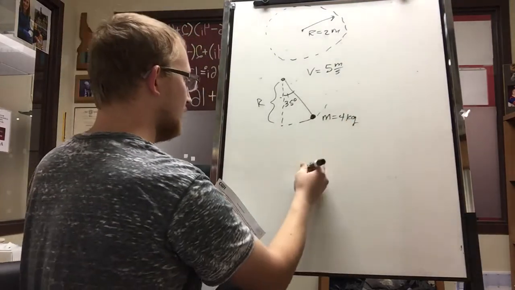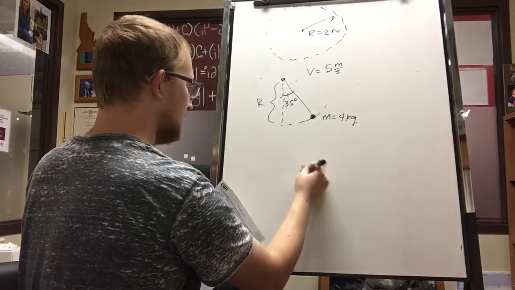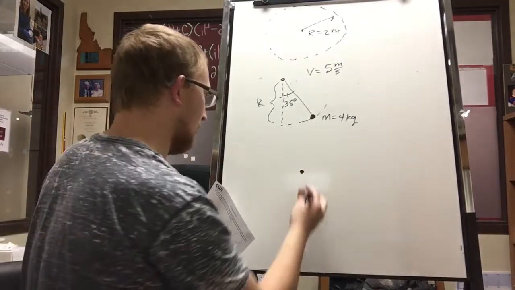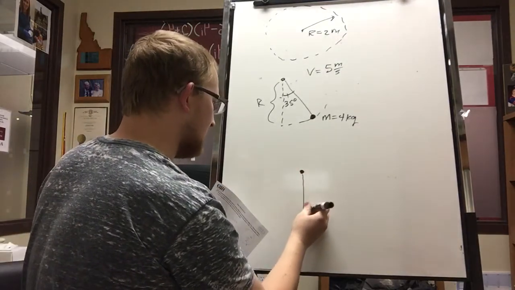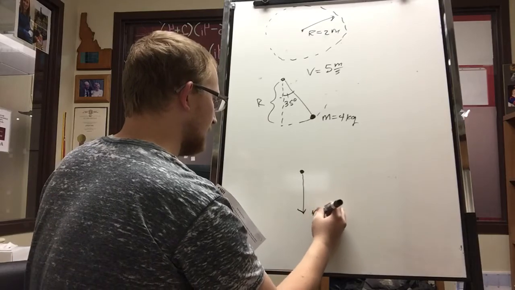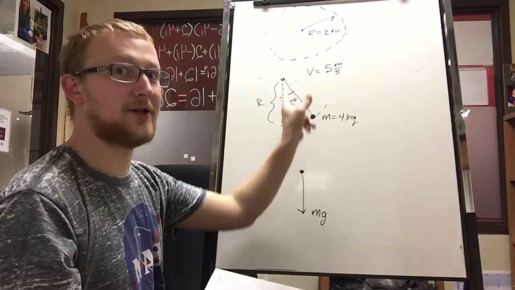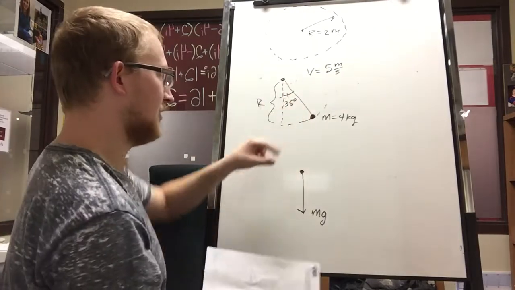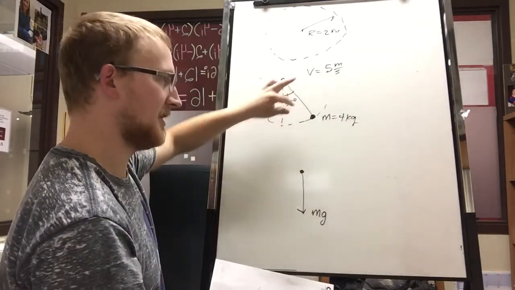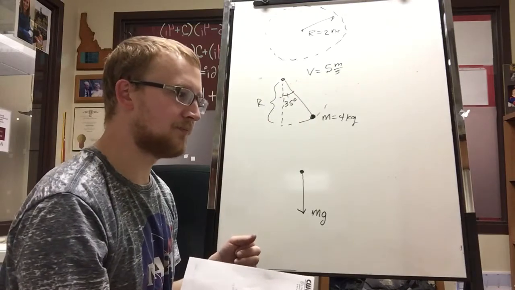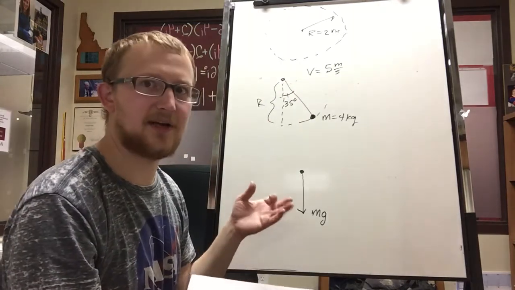So let's go ahead and draw our free body. Regardless of what direction we're being pulled, mg always points to the center of the earth. However, in this case, tension can only be applied along the length of rope. So in other words, ropes can't exert, for example, shear forces. They can only exert tension.